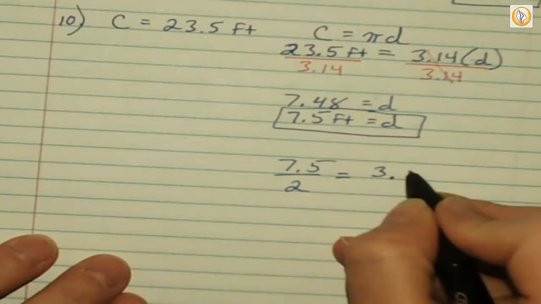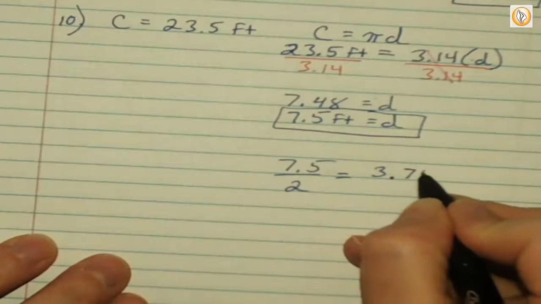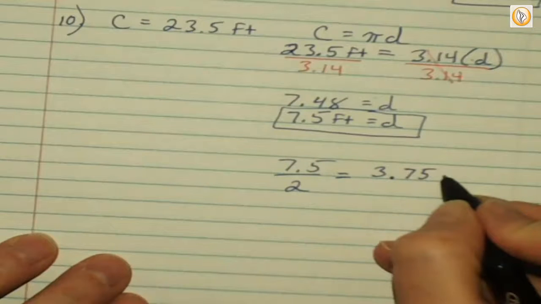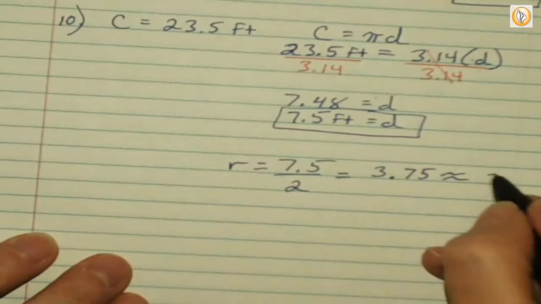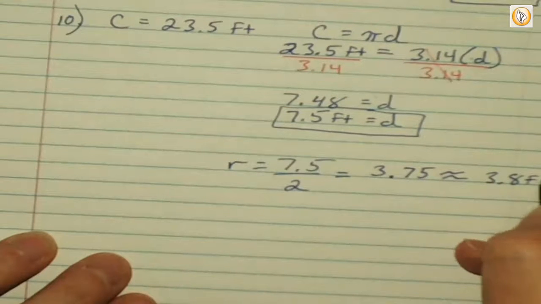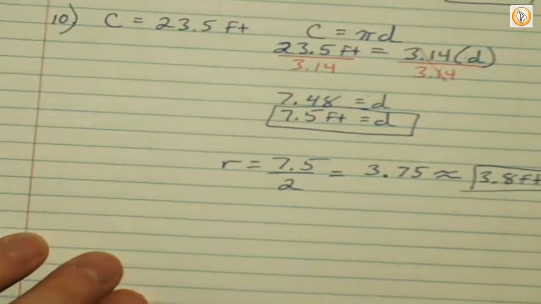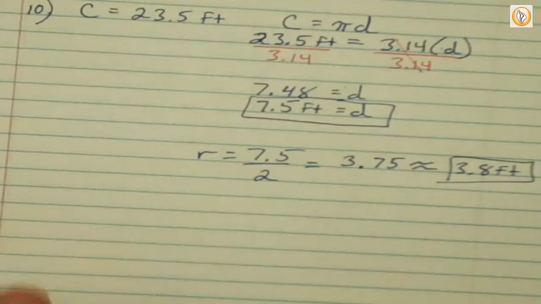You can say it and Emily will round it. 3.75, and Emily? That's right, 3.8 feet. So our radius is 3.8 feet.